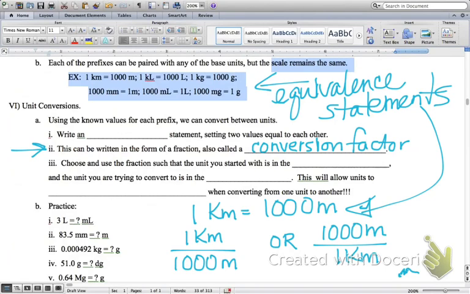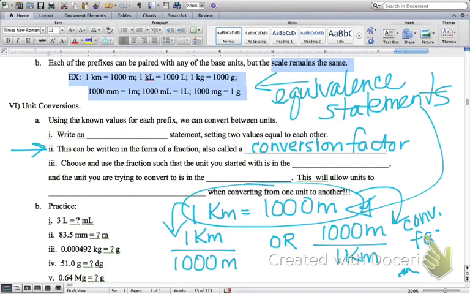So again, now that I've taken that equivalent statement and put it in the form of a fraction here and here, those fractions are called the conversion factors. Any equivalent statement can produce two different conversion factors, all depending on what goes in the numerator and what goes in the denominator.